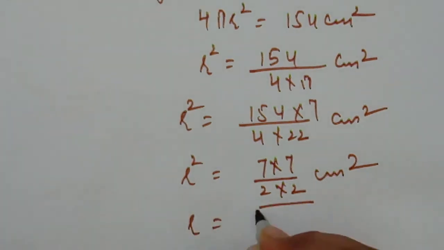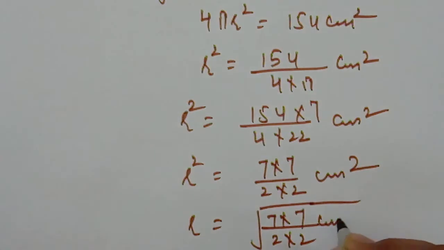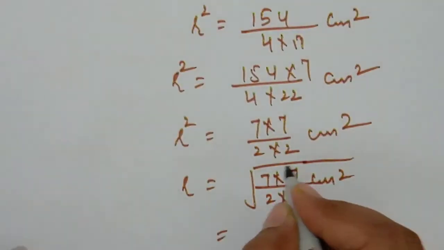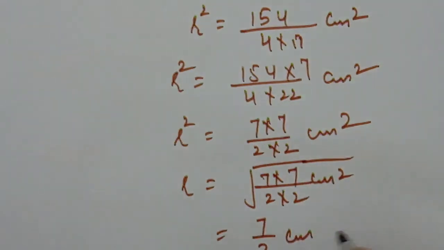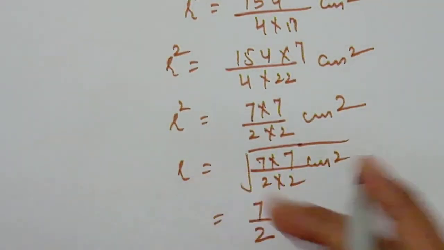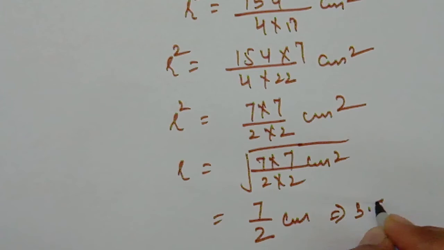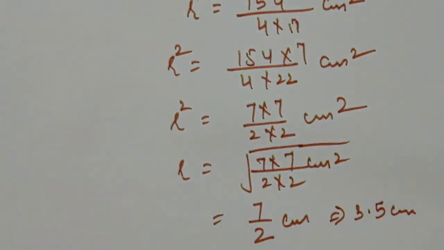Then r is equal to the square root of 7 into 7 upon 2 into 2. When we take a pair of these terms, 7 upon 2 comes out of the square root, and it is 3.5 centimeter. This is the radius of the given sphere.